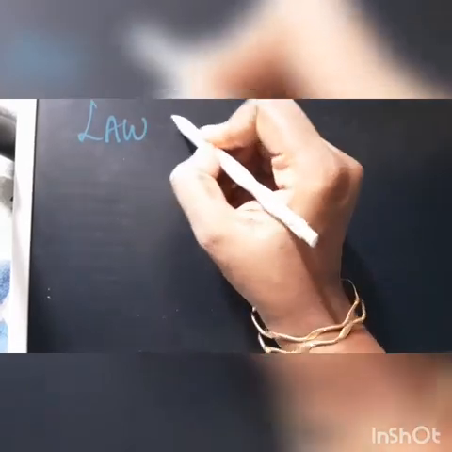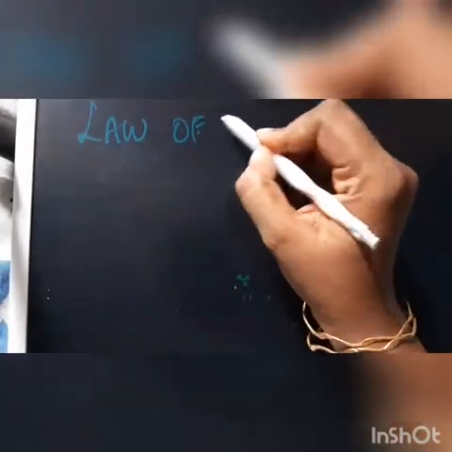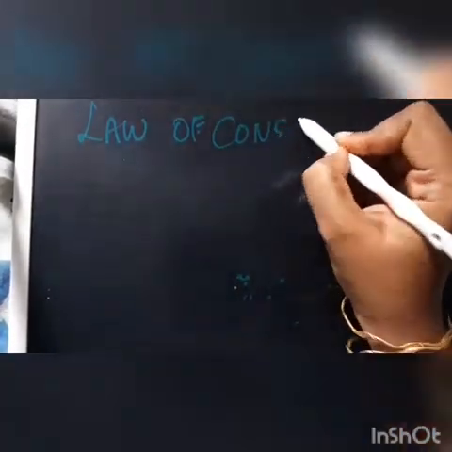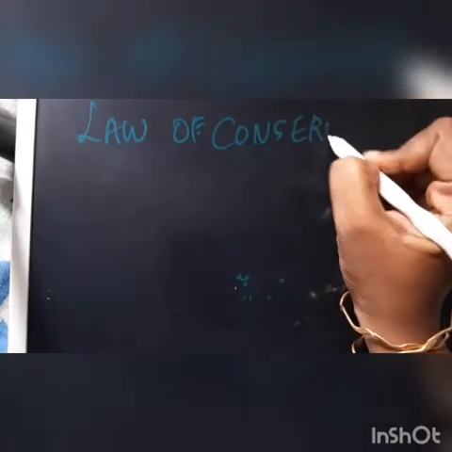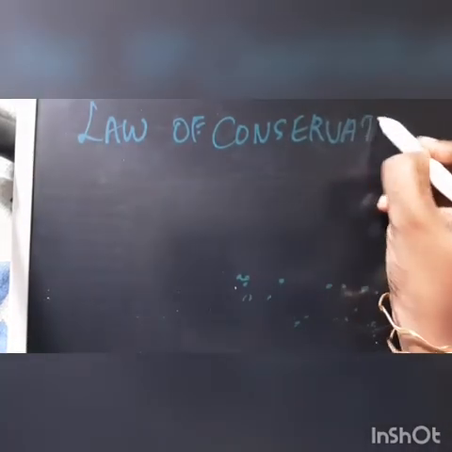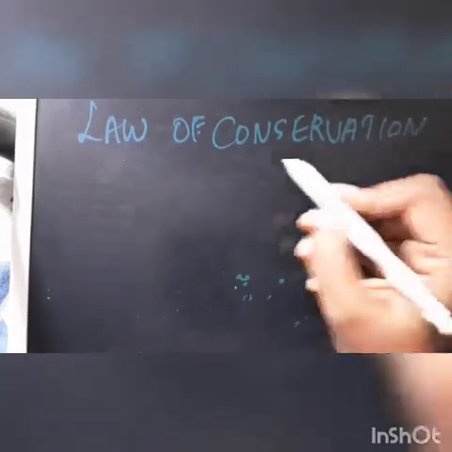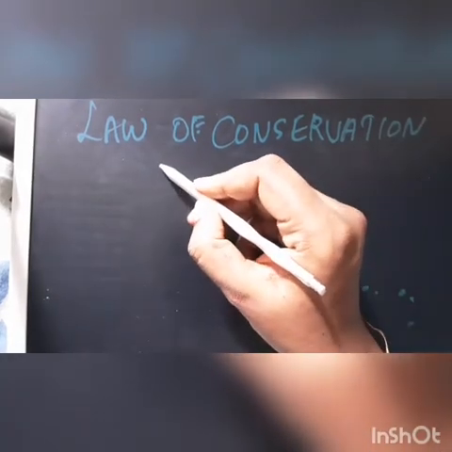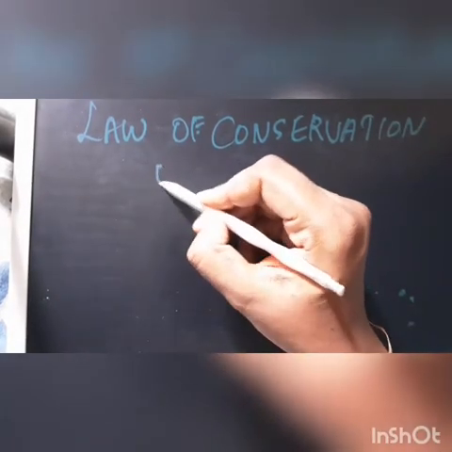Now why do you need to balance a chemical equation? What is the need? In earlier classes you have learned about the law of conservation of mass. What is it? Does anybody remember? Yes, matter can neither be created nor destroyed.